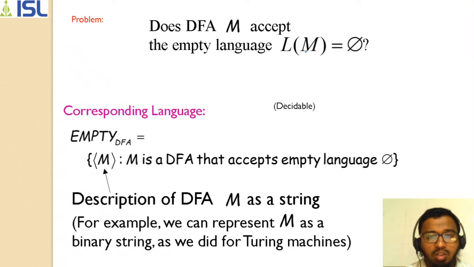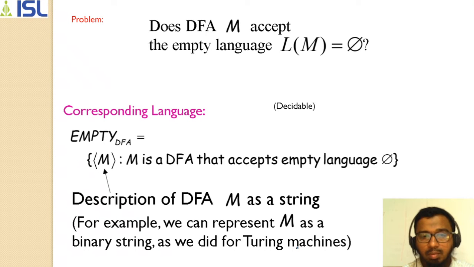M will accept only the empty language. The description of M is the description of DFA M as a string. For example, we can represent M as a binary string as we did for Turing machine.